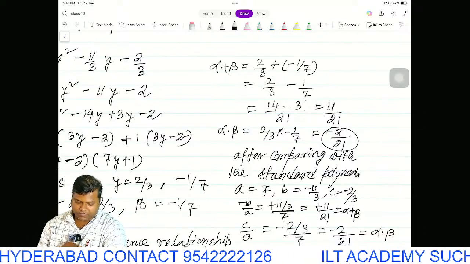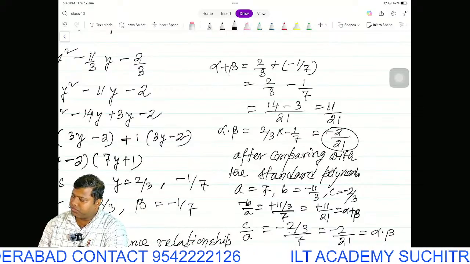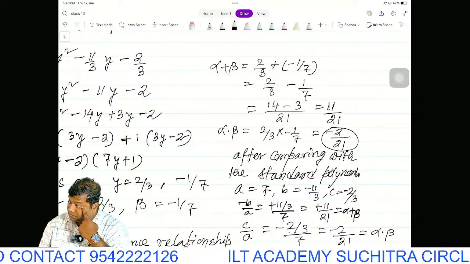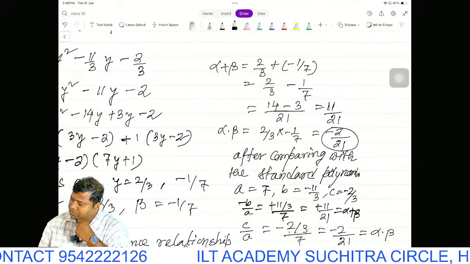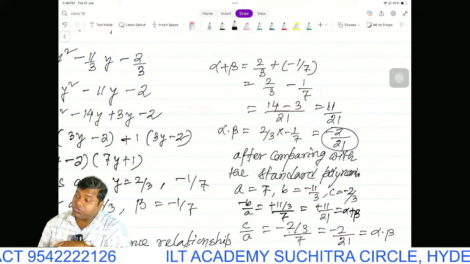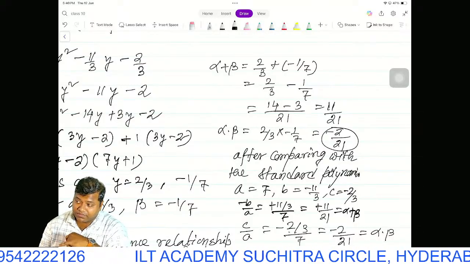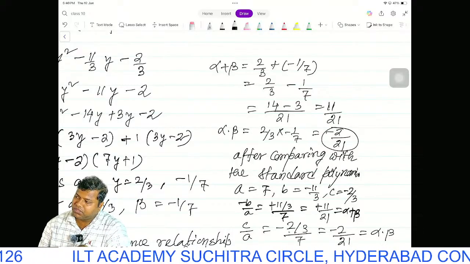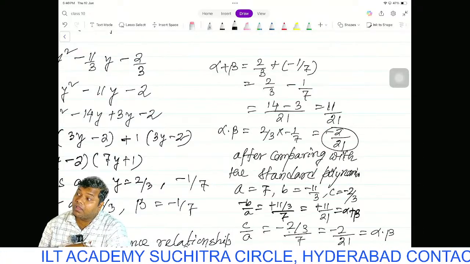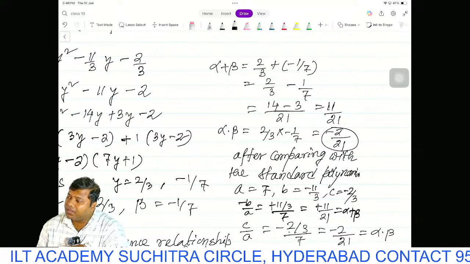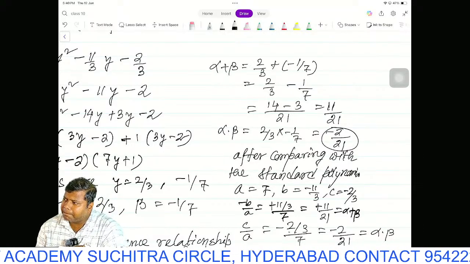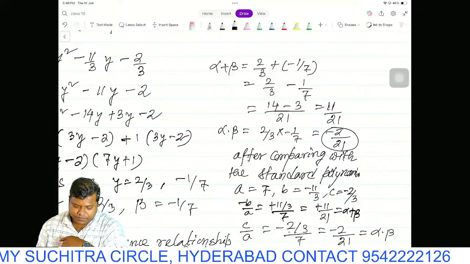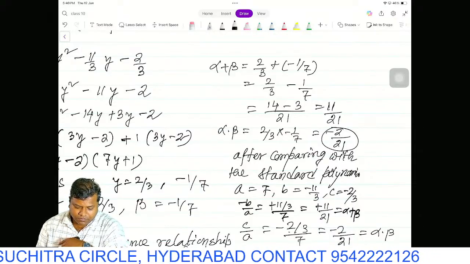Done. The next two you were not able to solve, or you didn't try? I did try, but then I gave up after. Acha. Those factorizations you did? Second and third. Sorry?